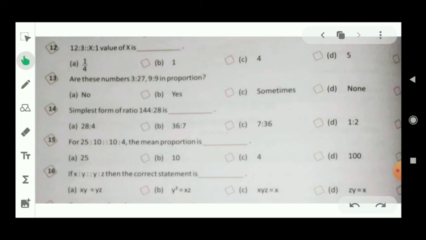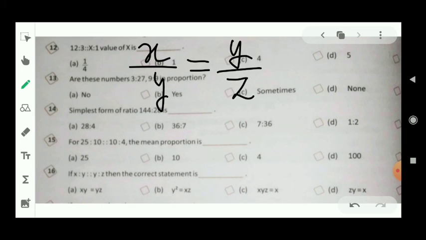The next question is, if x ratio y is to y ratio z, then the correct statement will be. Now students, like the previous questions, I told you this will be the equation: x upon y is equal to y upon z. Because I told you about the formula, when two values are given, a upon b is equal to c upon d.